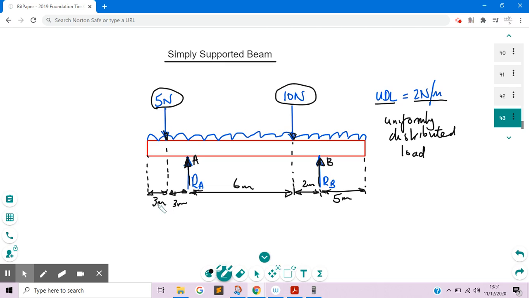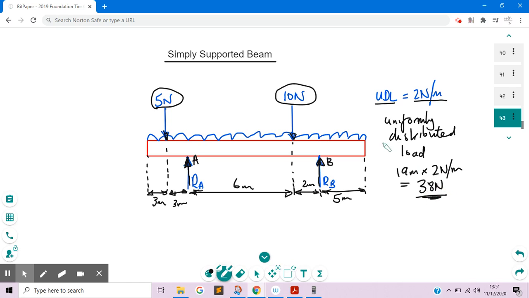So if we add up all these together, 3 plus 3 plus 6 plus 2 plus 5 should give us 19. So we've got 6, 12, 14, 19. So we've got 19 metres. We times that by 2 newtons per metre, and what that will give us is 38 newtons.